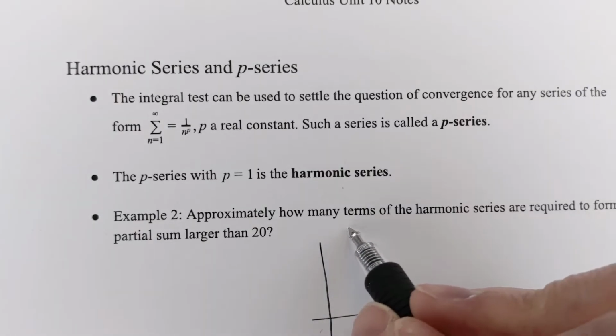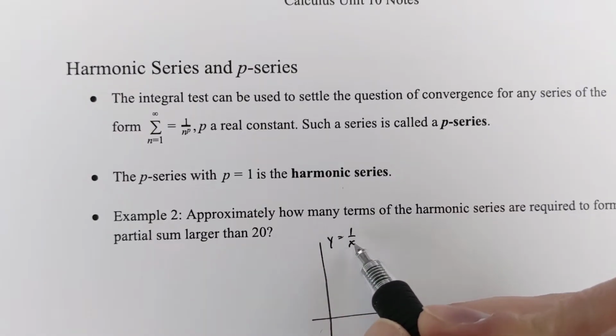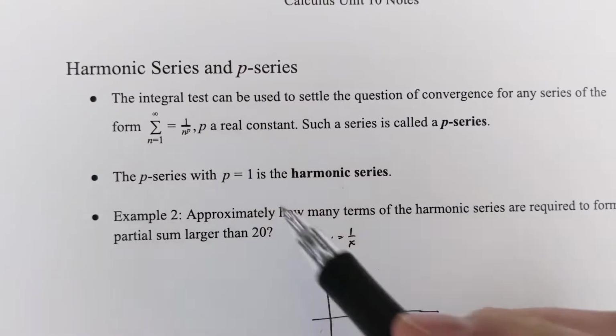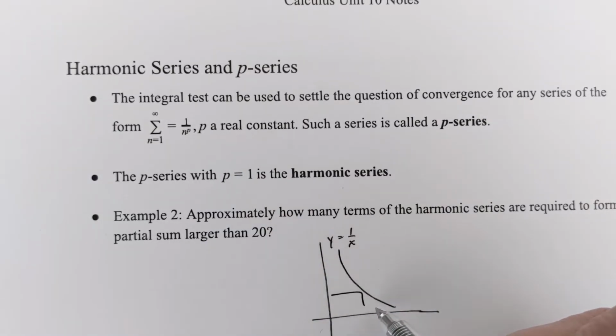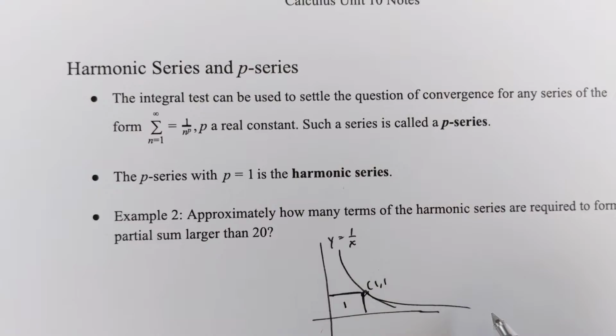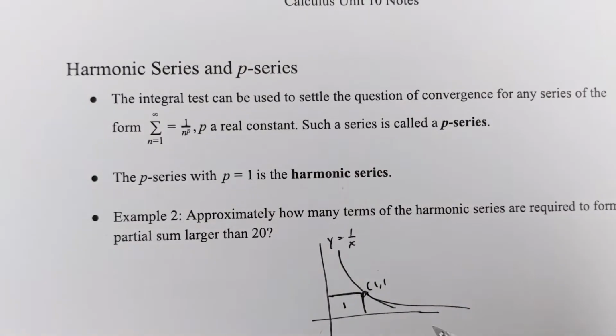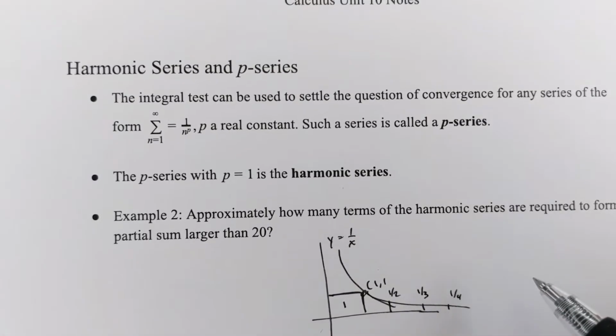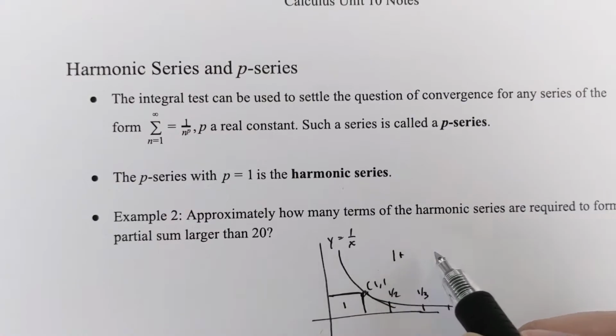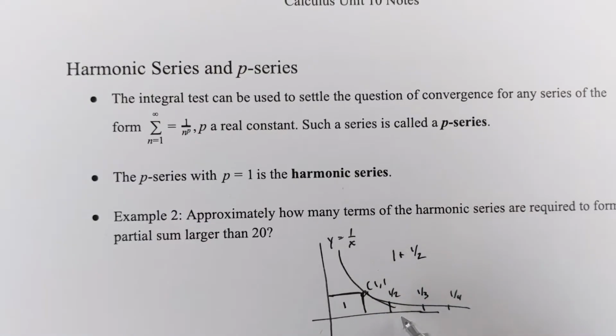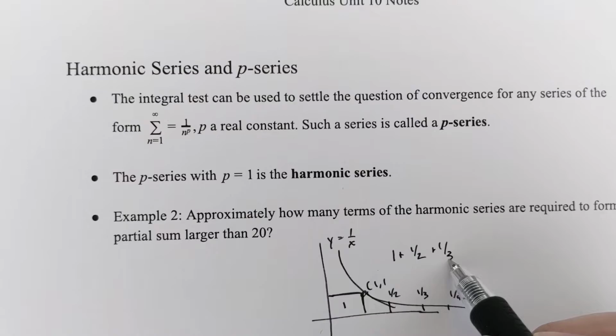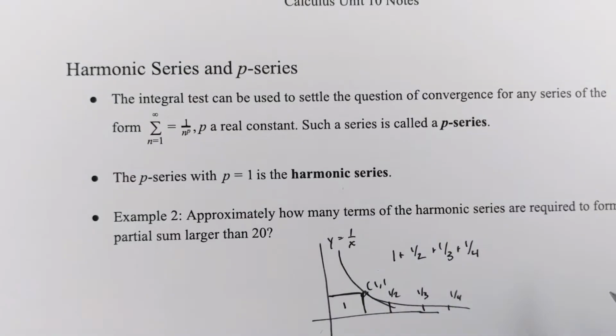We're graphing 1 over x, because if p is 1, this just becomes 1 over x. So it looks something like this, and this point here is at (1, 1), so this has an area of 1. As this tails off, if we keep going out, we get a half, a third, a fourth, and so on. So 1 plus 1/2, these are all 1 unit wide, plus 1/3, plus 1/4, and so on and so forth.